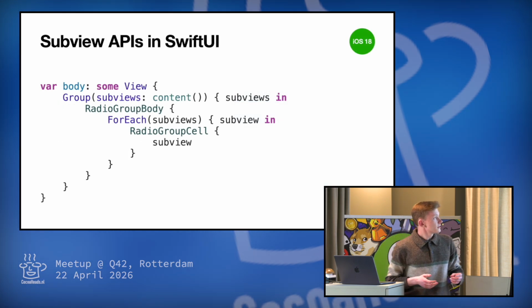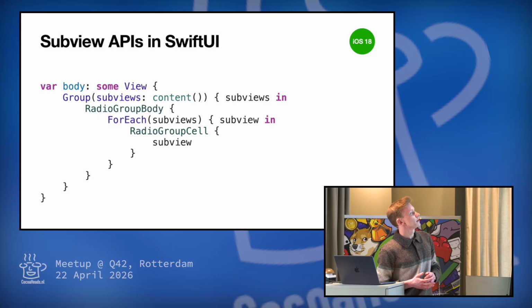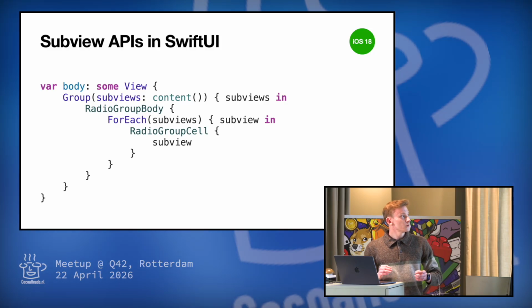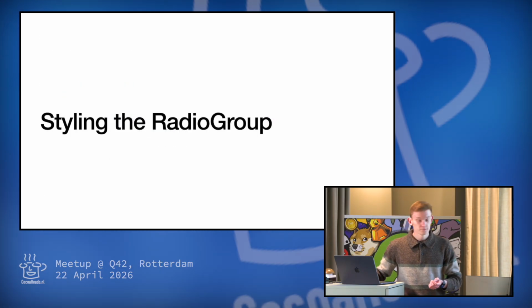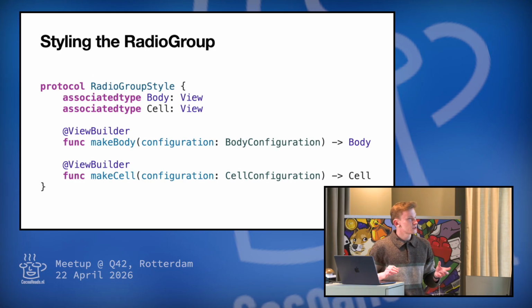So this is what we have. But remember, our original goal is to provide a way to style this. So we need to get the body and the cells from a style. I'll start by defining a protocol very similar to how the button style protocol looks. So I have a method to make the body, to lay out the cells, and a method to make the cells.